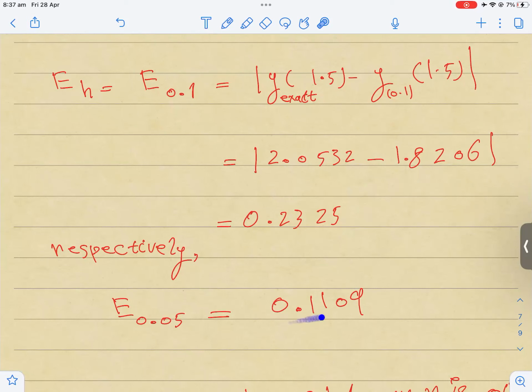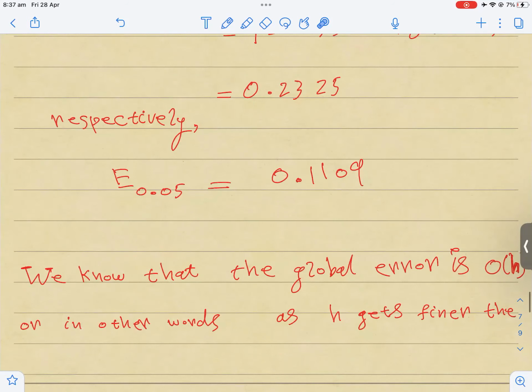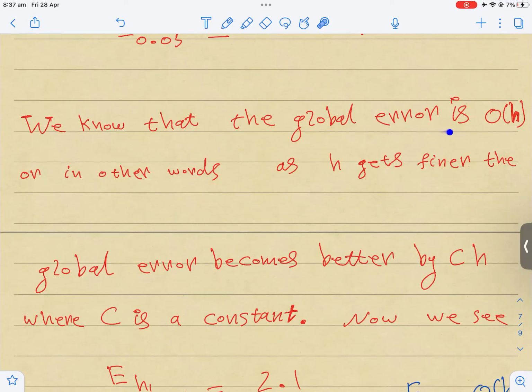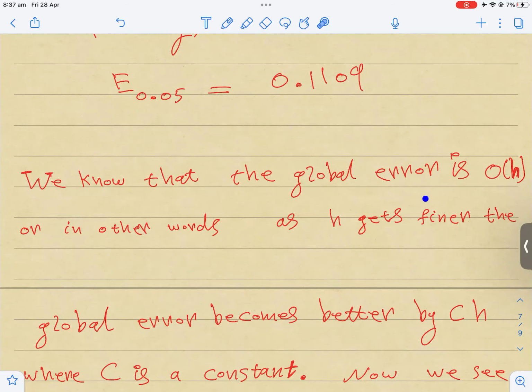So their absolute value will be this one. But it's not important, we will see it in SageMath. Now, let's have a look at the explanation. We know that the global truncation of Euler's method is something times h, big O of h. So it means something times h.